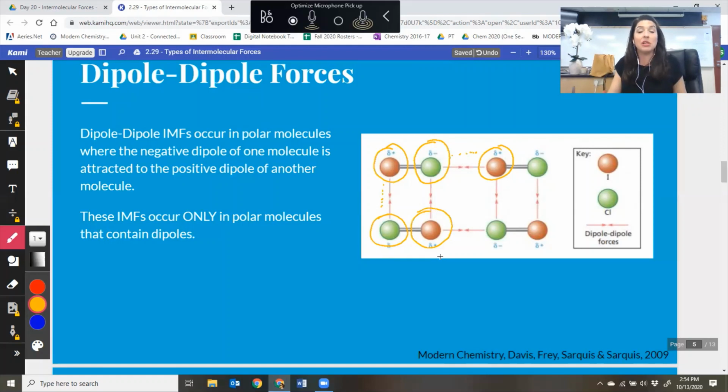So dipole-dipole intermolecular forces occur in polar molecules where the negative dipole of one molecule is attracted to the positive dipole of another different molecule. These IMFs only occur in polar molecules that contain dipoles. So if you're given a problem and they ask for what type of intermolecular forces occur in a given substance, well, you want to check and see if it's polar or nonpolar. If it's polar, it includes both London dispersion and now dipole-dipole forces.